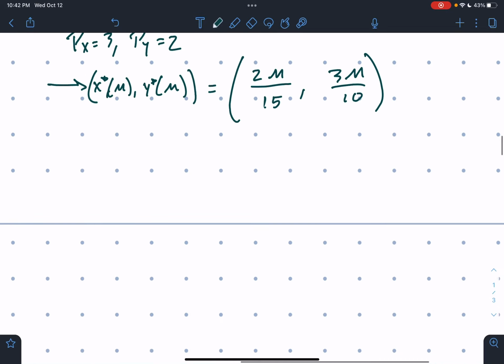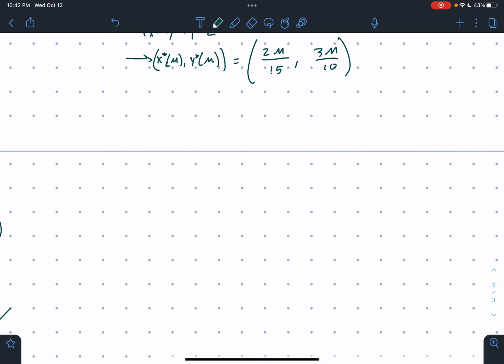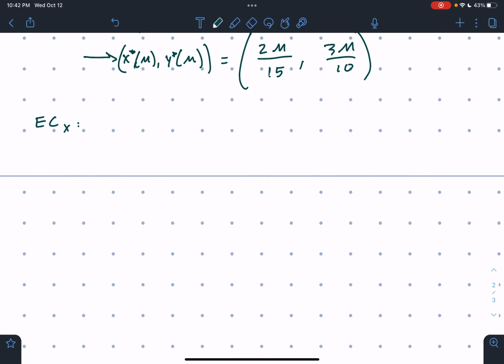Okay. So for the Engel curve for X, I want to look at the income level as a function of X. This is kind of a backwards way of looking at it, but essentially I have X equal to 2M of X over 15.